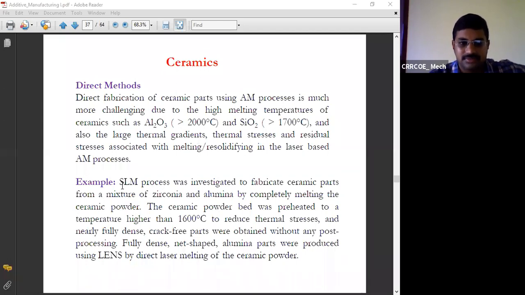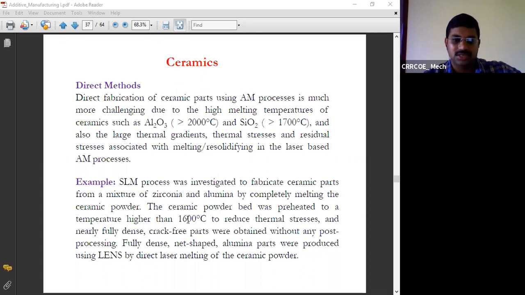The SLM process was investigated to fabricate ceramic parts from a mixture of zirconia and alumina by completely melting the ceramic powder. The ceramic powder bed was preheated to a temperature higher than 1600 degrees.